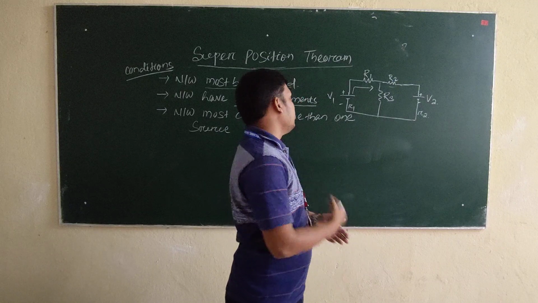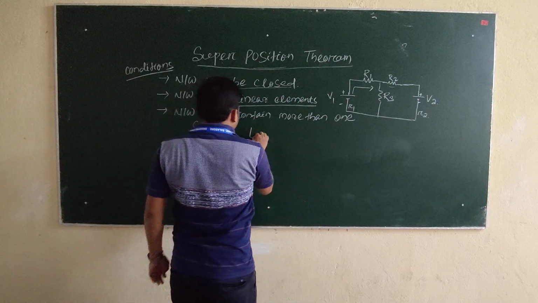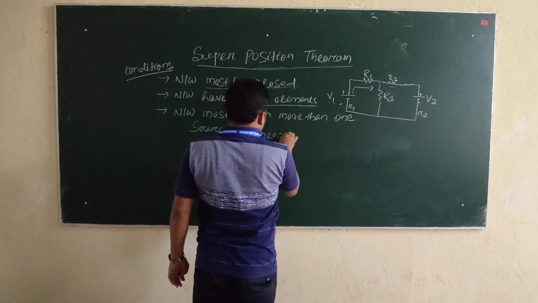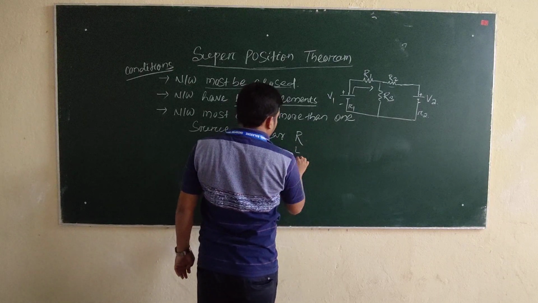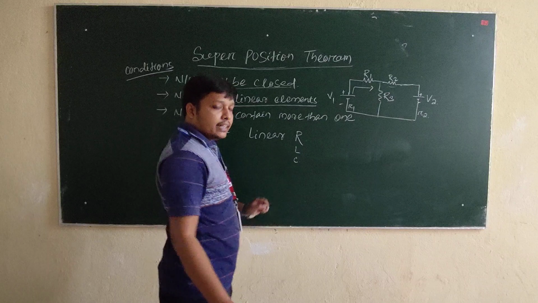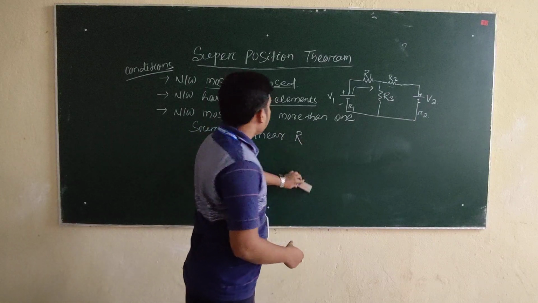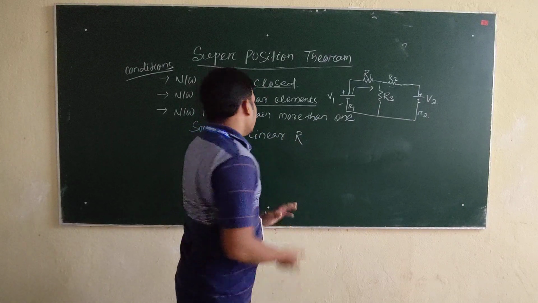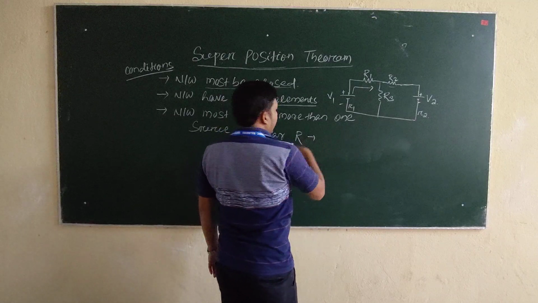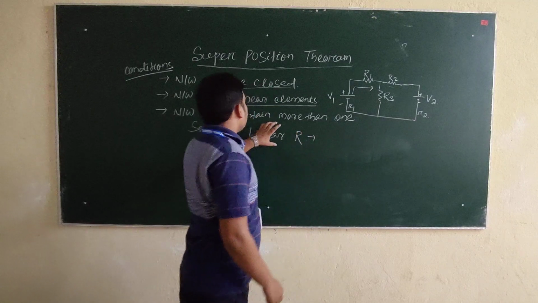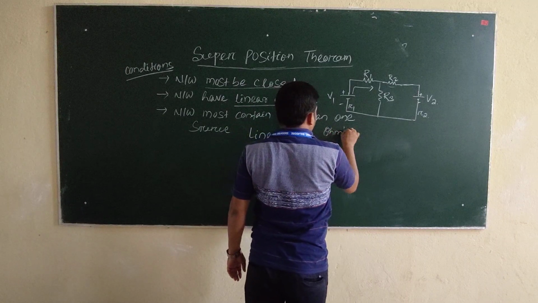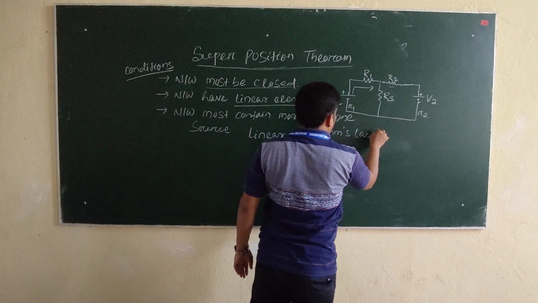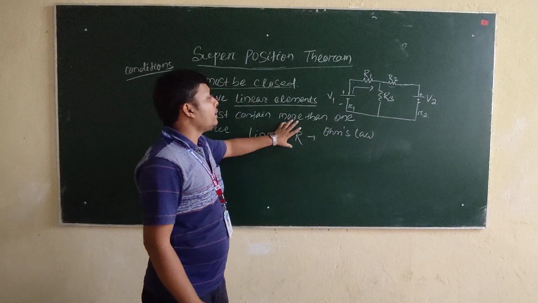What is a linear element? Linear elements means linear resistance, linear inductance or linear capacitance. In this case, we can take only the linear resistance. Linear resistance obeys Ohm's law.